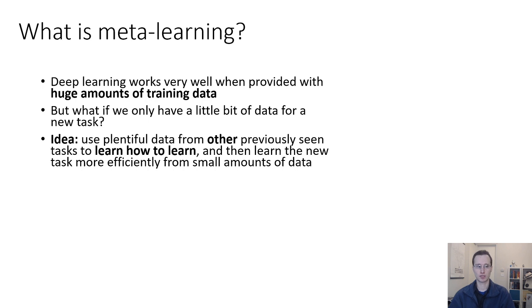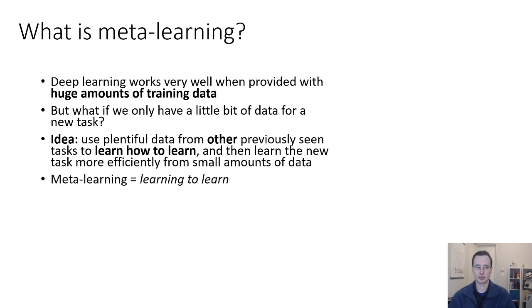If these prior tasks present challenges that are structurally similar to the new task, maybe they're all image recognition tasks, then we can use them to learn something about the learning process itself. That allows us to be more efficient and more performant on the new task, even when only a small amount of data is available.